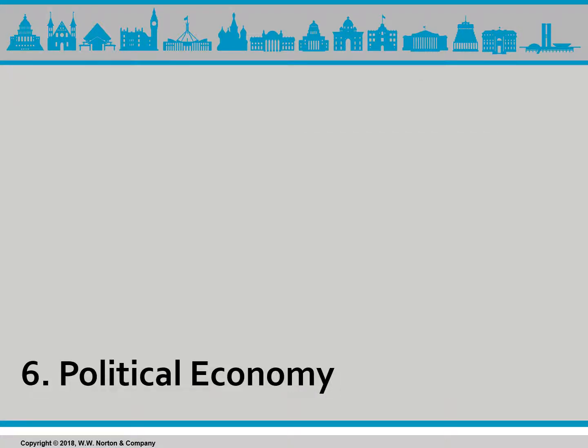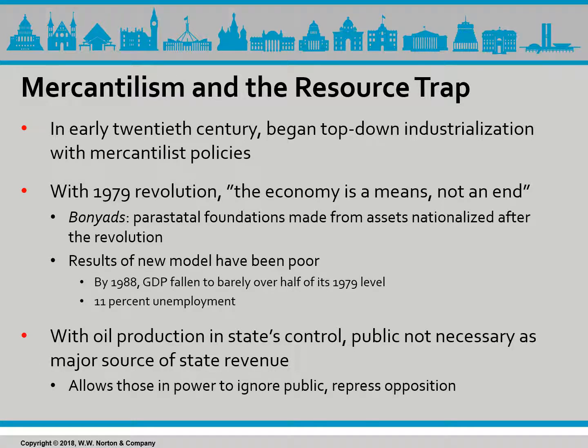All right, so the political economy. We have mercantilism and the resource trap, which is what is happening with Iran. So Iran has demonstrated the typical mercantilism pattern for countries that have been less developed than the global north and global west. They discovered oil.